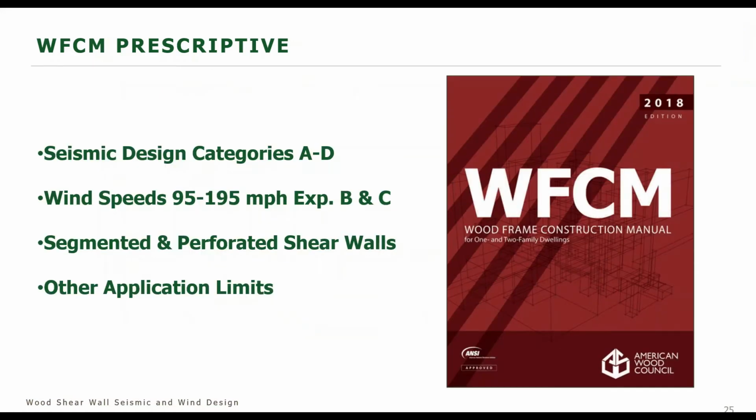We have limits on the wind exposures: when we're in chapter 3, we are limited to exposure B and C. If we go into an exposure D, we can design for that using the engineered approach in chapter 2. It does have approaches for both segmented and perforated shear walls in chapter 3, and then we saw some of the other application limits in the slide before this.